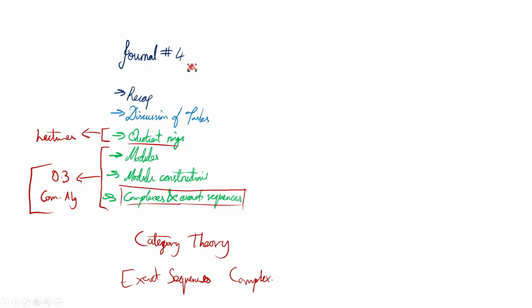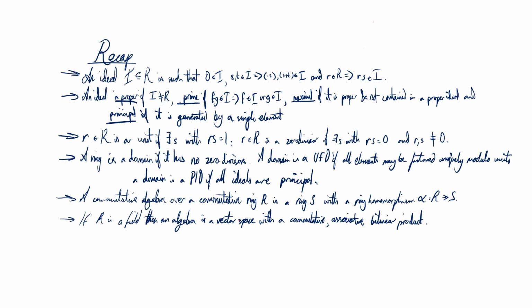But with that out of the way, let's just do a very quick recap in case you've either not watched entry number 3 or intend upon having large gaps in between. So an ideal is an additive subgroup of a ring such that it's a multiplicative black hole.